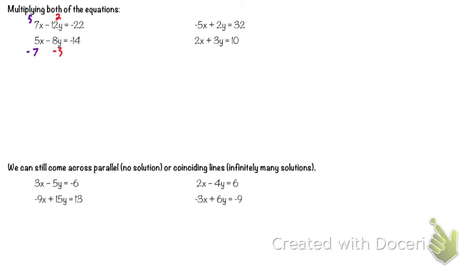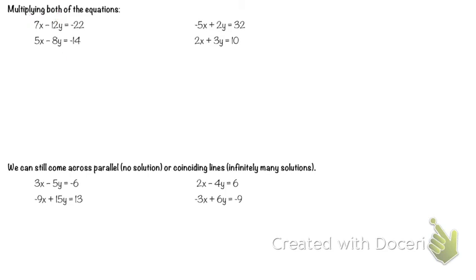So we want to look at both the x's and the y's and say, after analyzing this, which one's going to be easier? This is going to give us smaller numbers if we get 12 and 8 to 24, versus if we get 7 and 5 to 35. Any questions on that at all? Seriously, if you have them, I want to answer them right now.